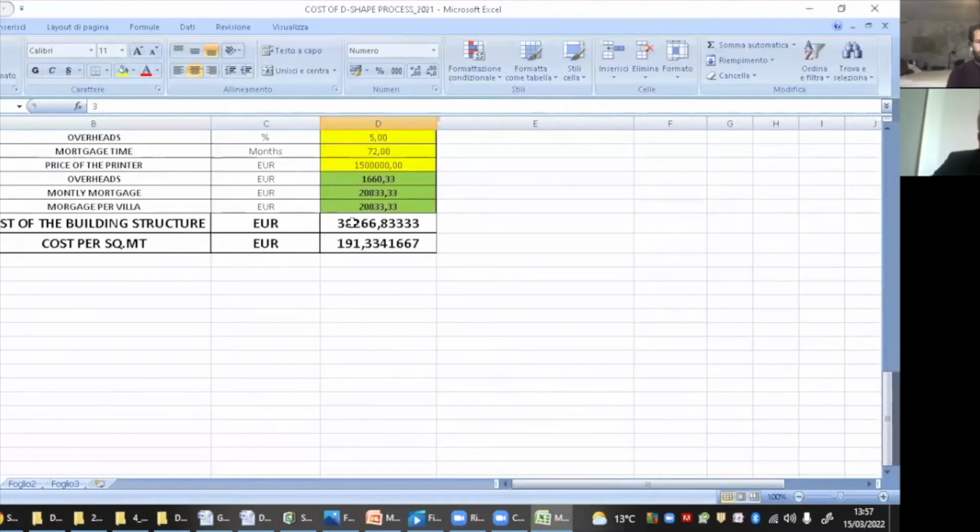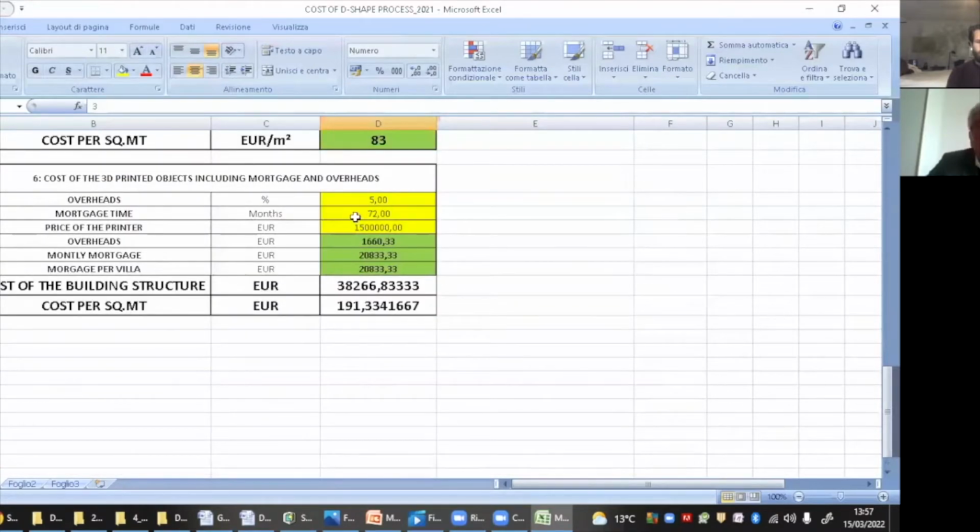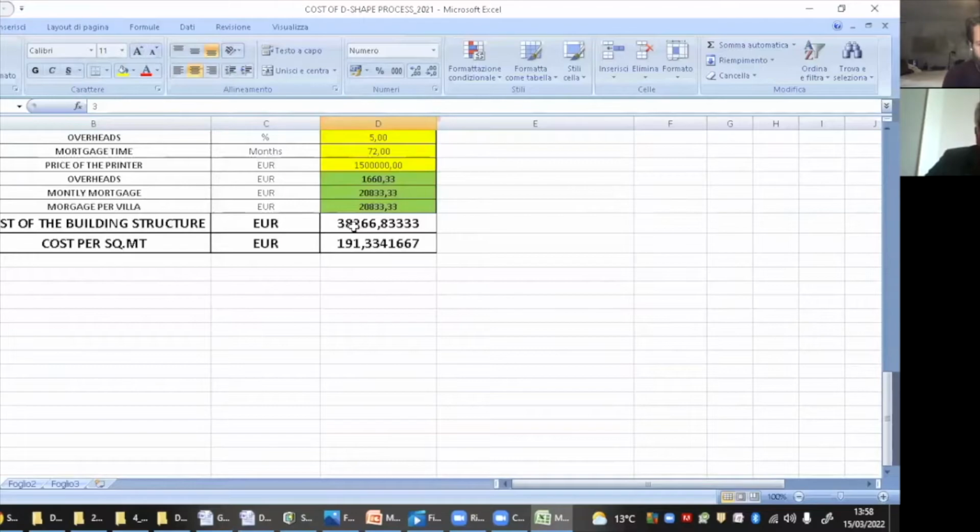And if we also consider the overheads and the mortgage time of 72 months for a 1.5 million euro printer, in principle, in theory, the building structure might cost 38,000 euros, at 191 euros per square meter only.